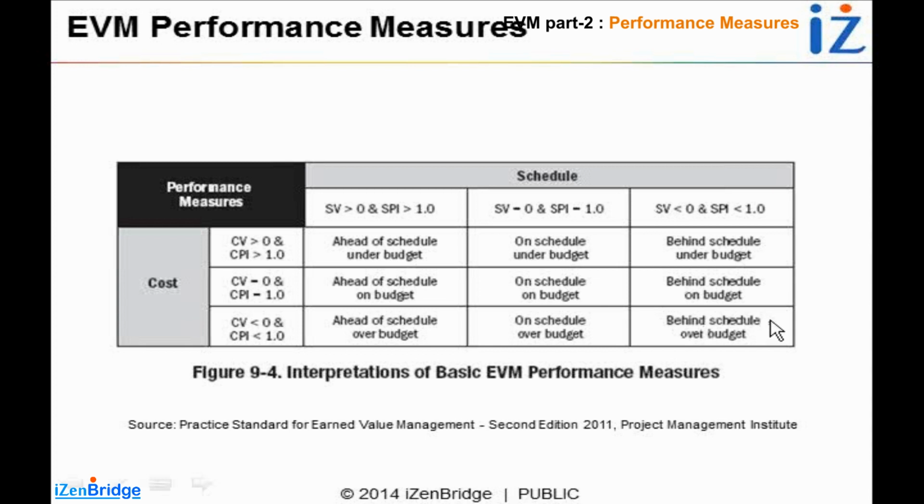That is a more accurate statement than just saying behind schedule, because a lot of times we think schedule means time, and at the end of the project we cannot tell that everything becomes on schedule. So even if at the end of the project SPI becomes 1, we can't just say we are in this column. But until you are closer to the ending, this measurement makes complete sense.